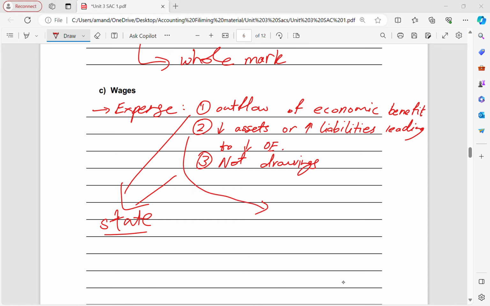We want to link here to say what exactly is the thing, because for some expenses the liability will increase, some will decrease.